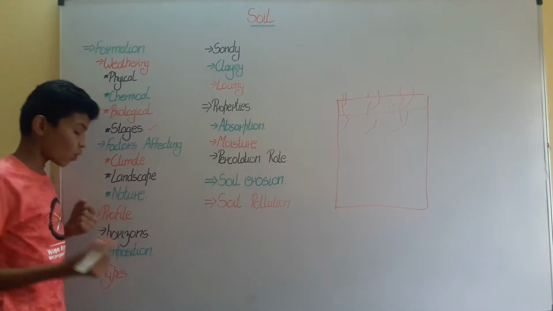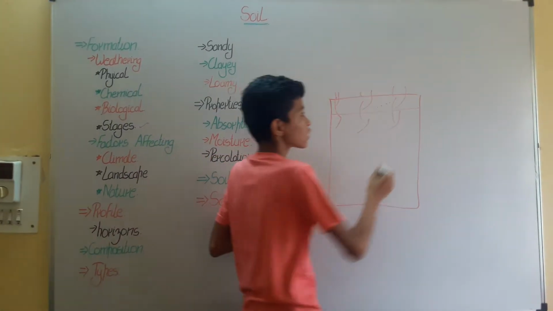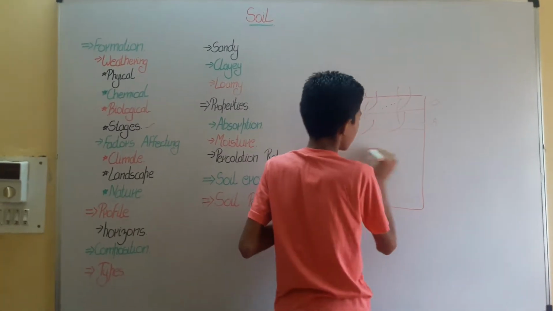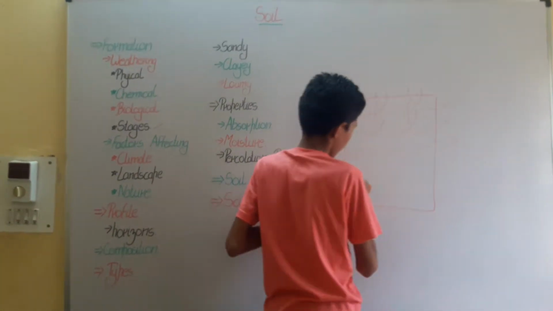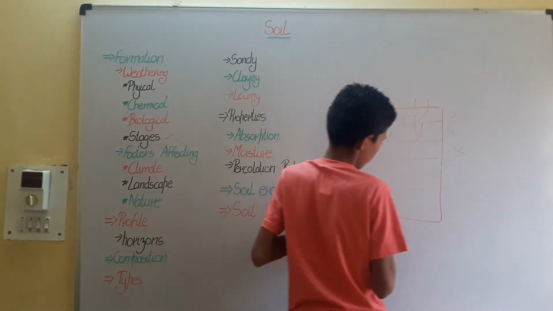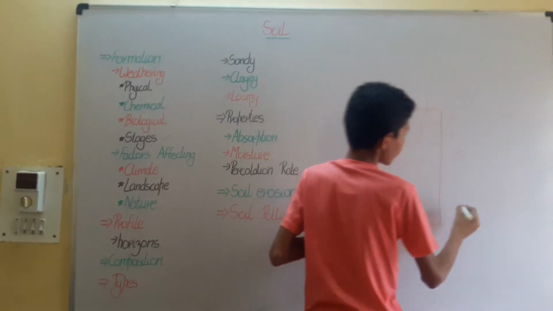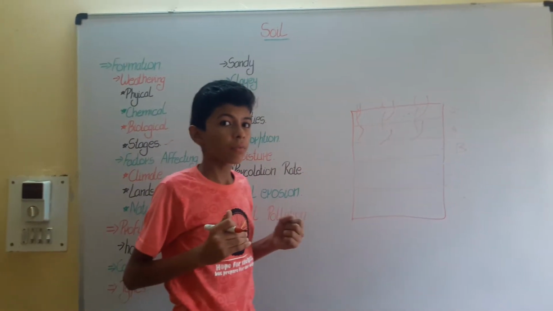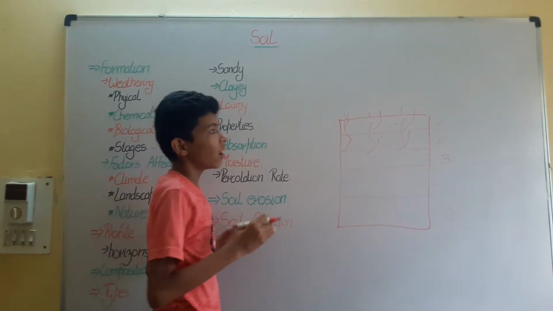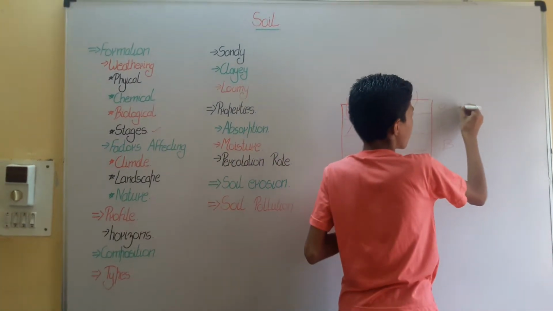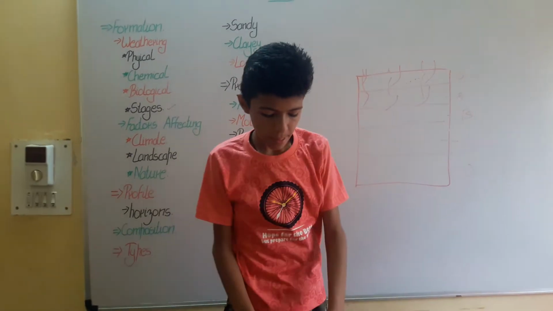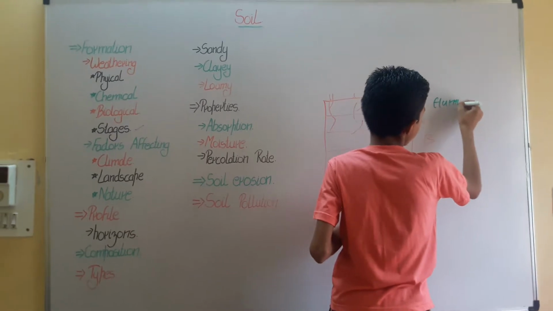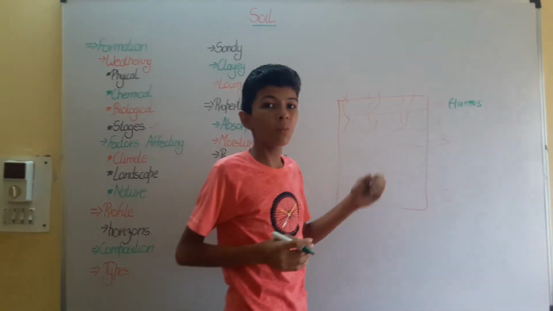The soil profile is divided into horizons. The first horizon is called horizon O, then horizon A, horizon B, horizon C, and horizon D. Horizon O is a very thick layer which has humus in it.